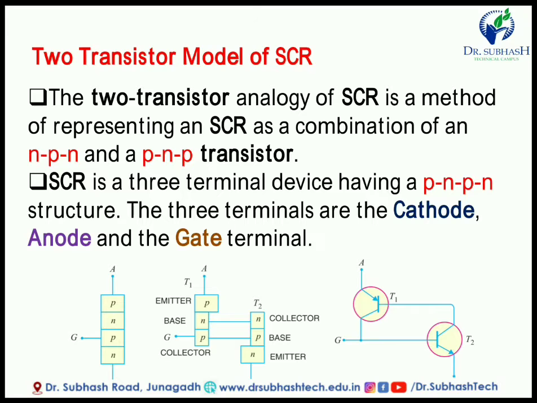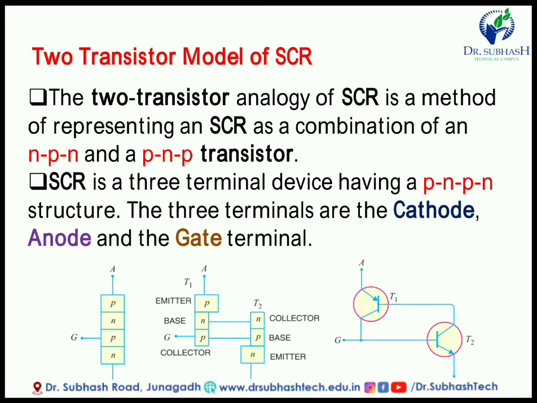A transistor is a three terminal, three layer, two junction solid state electronic device. The two types of transistor are the NPN transistor and the PNP transistor. According to the semiconductor material, we can design a two transistor model.